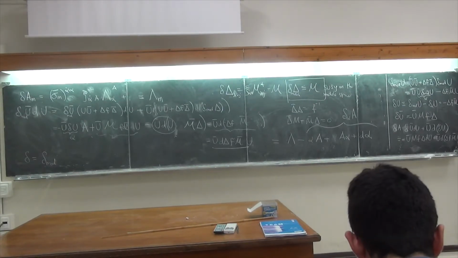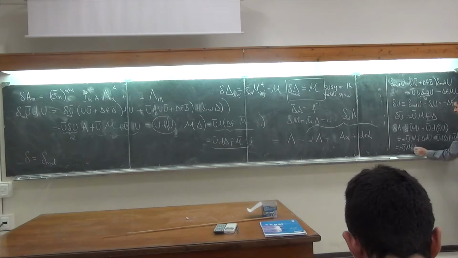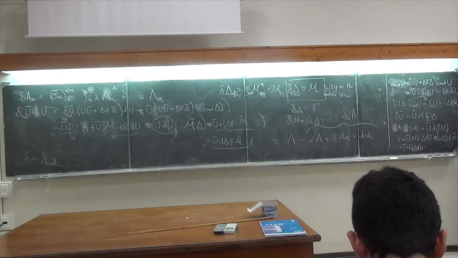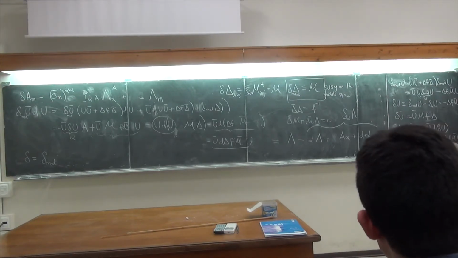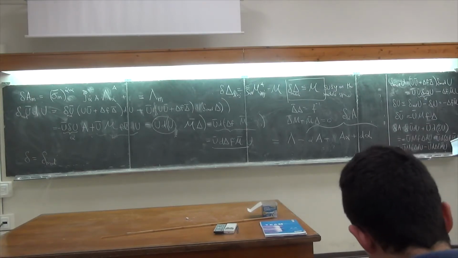Okay? Now this is what? This is minus U bar N F delta dU minus, now this D can act either here or can act here.